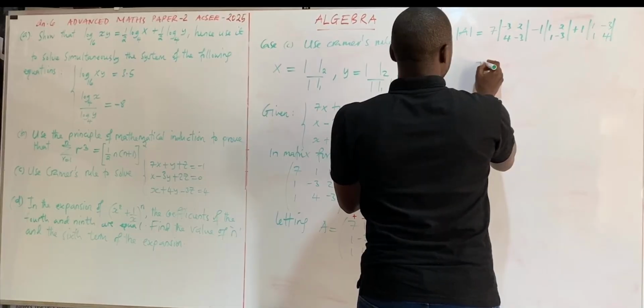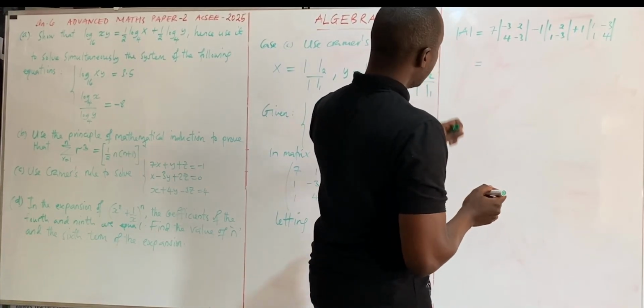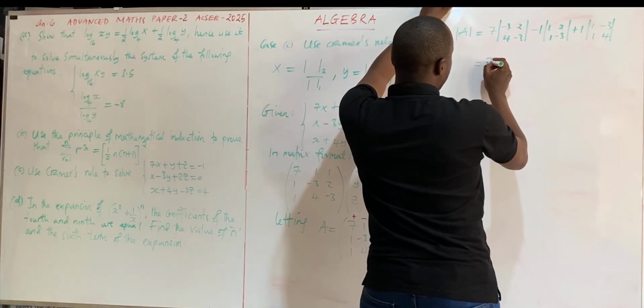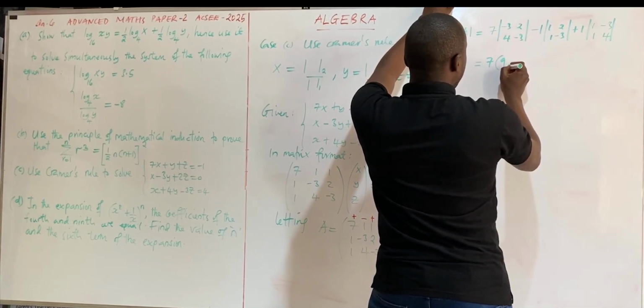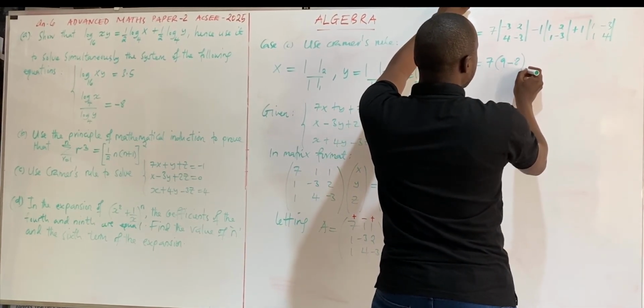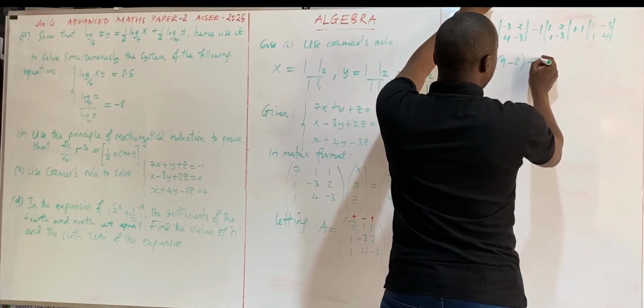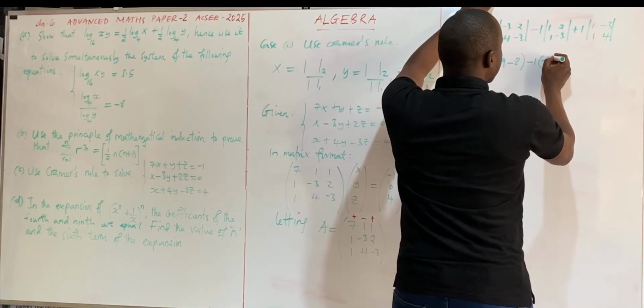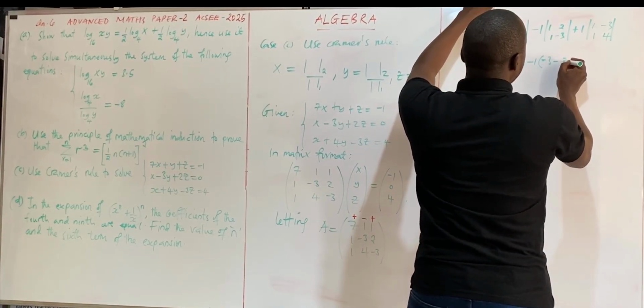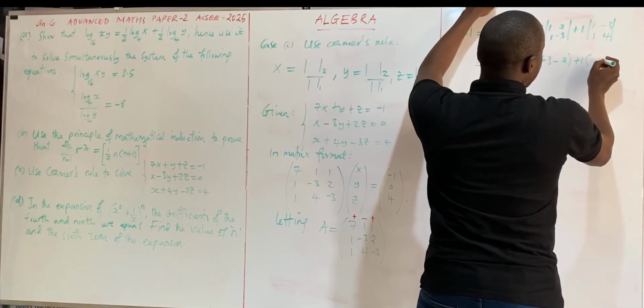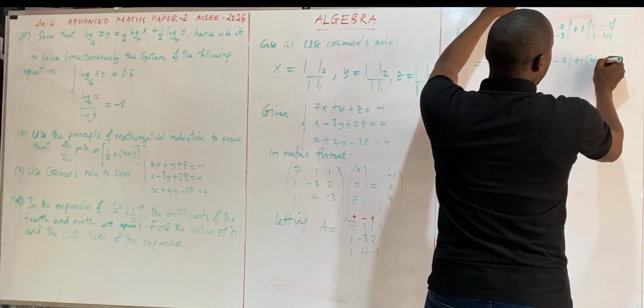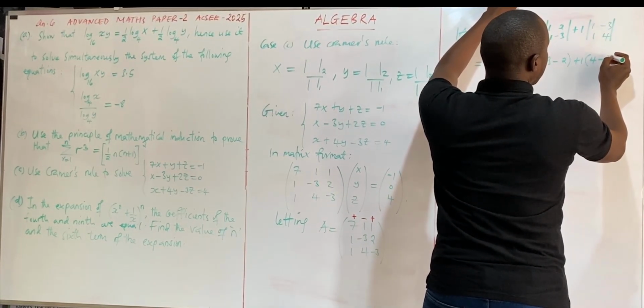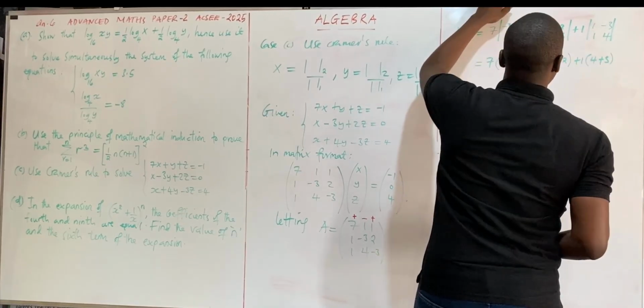Now we compute the determinant. So here becomes 7 times, this is 9 minus 8, because 4 times 2 is 8. Minus 1 bracket, and -3, we minus 2. Plus 1 bracket, this is 4 minus, this is negative 3, so it becomes positive 3.